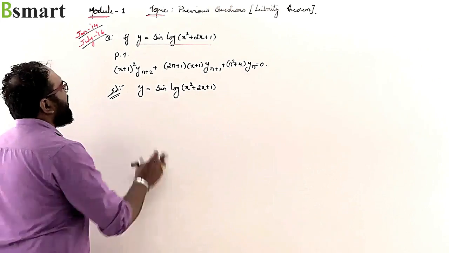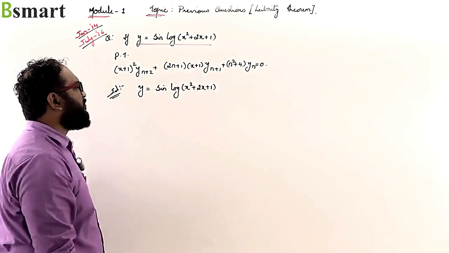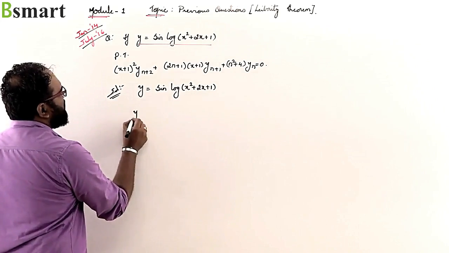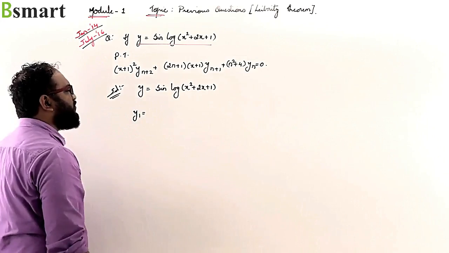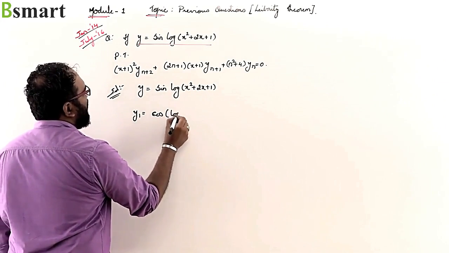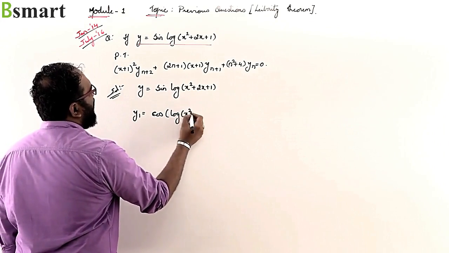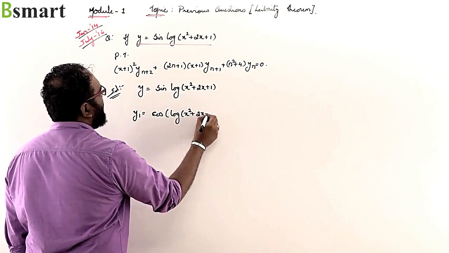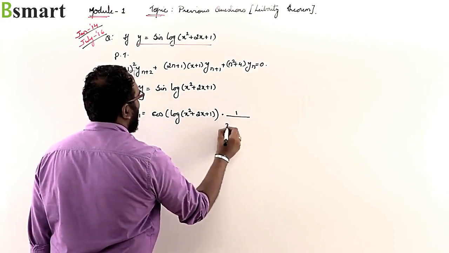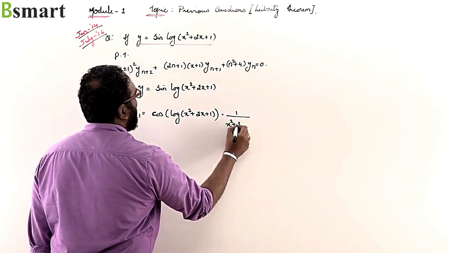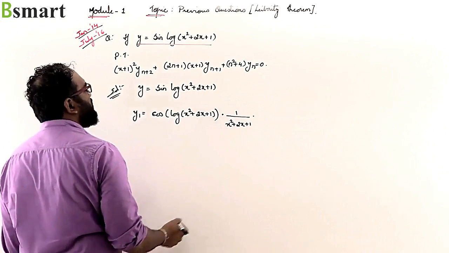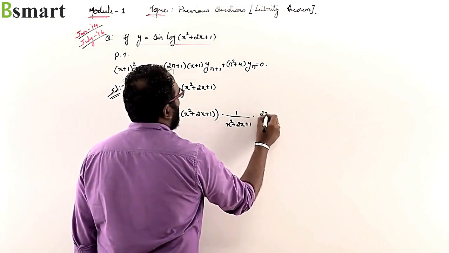Given y is equal to sine of log of x square plus 2x plus 1. Then y1: the derivative of sine is cos of log of x square plus 2x plus 1, into the derivative of log, 1 by x square plus 2x plus 1, into the derivative of x square plus 2x plus 1, that is 2x plus 2.